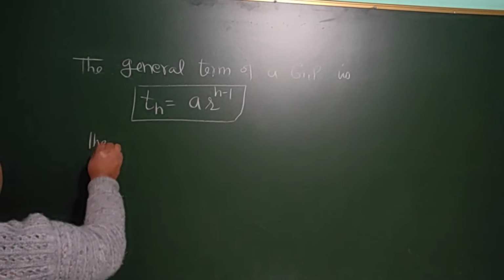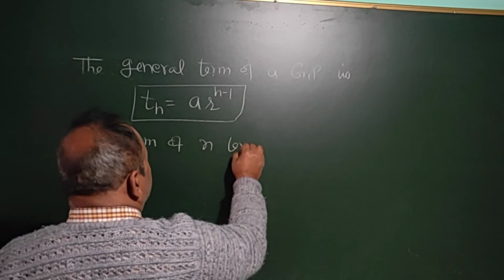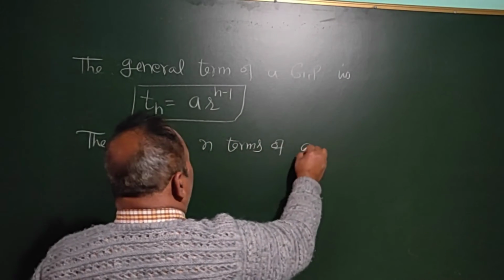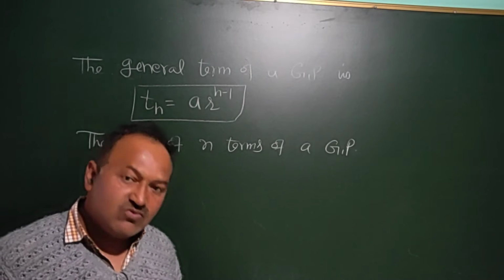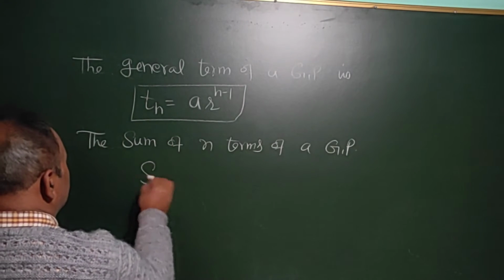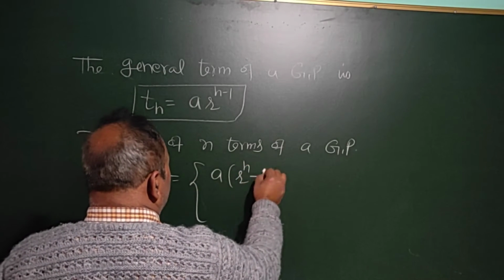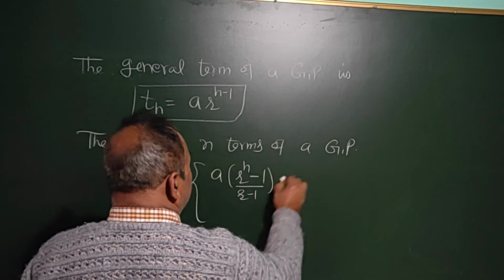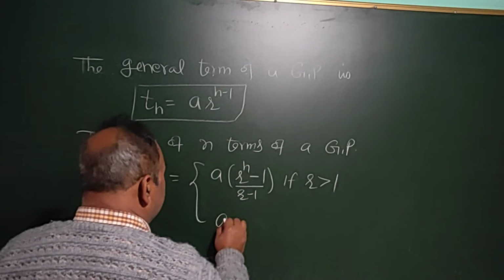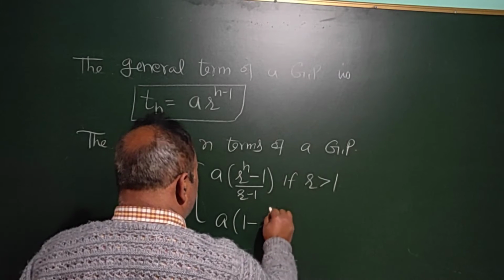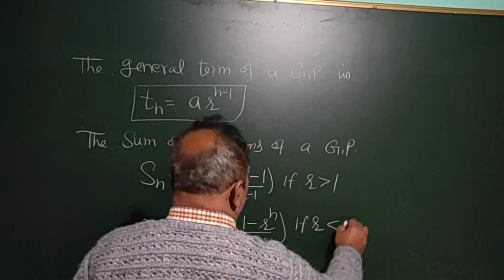Similarly, the sum of n terms of a GP whose A is first term and R is the common ratio, Sn is equal to A into R raised to power n minus 1 upon R minus 1 if R is greater than 1, and A into 1 minus r raised to power n upon 1 minus r if r is less than 1.